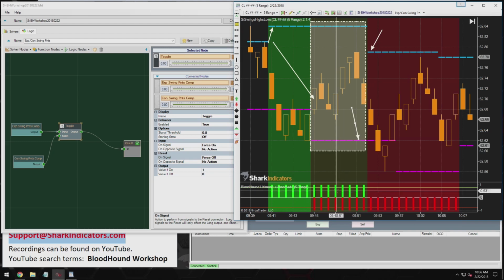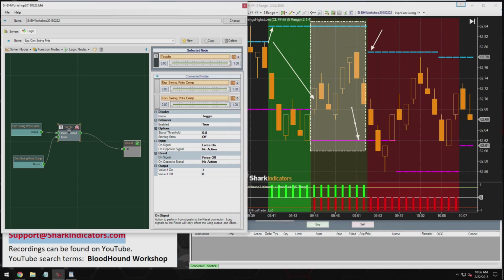So when we have long and short at the same time, that means both the swing highs and the swing lows have expanded together. That's what we want to identify: the bars where we have a long and a short output at the same time.